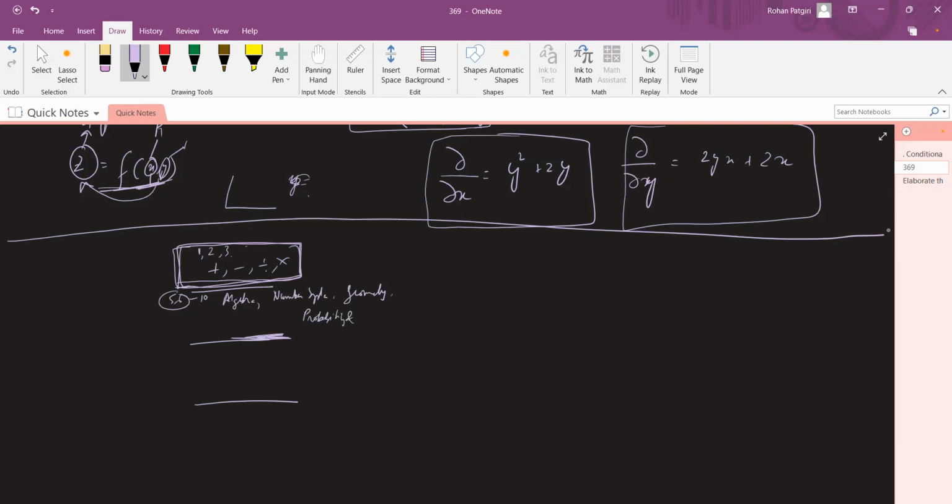In India, at least when we were in school, we had very basics of probability, and we didn't have any combinatorics. Permutation and combination, we didn't have until class 11. We didn't have it before.